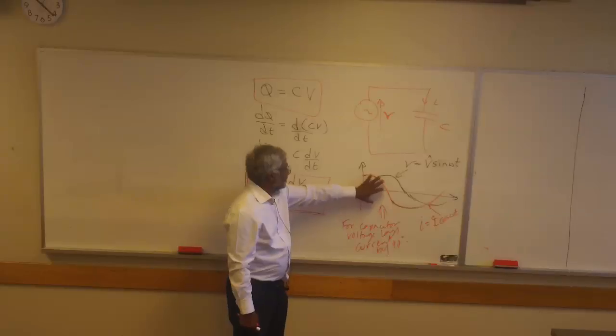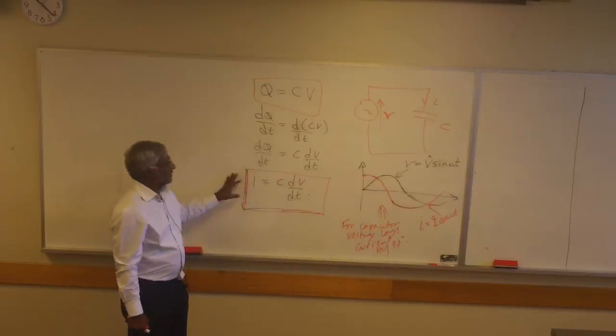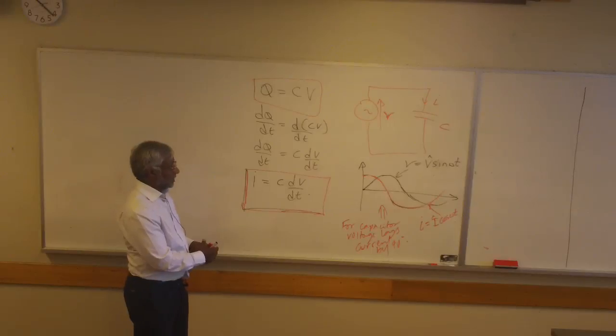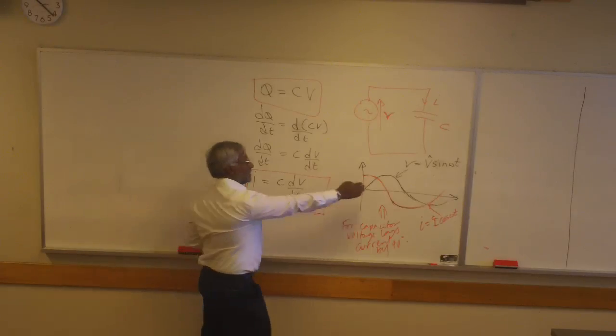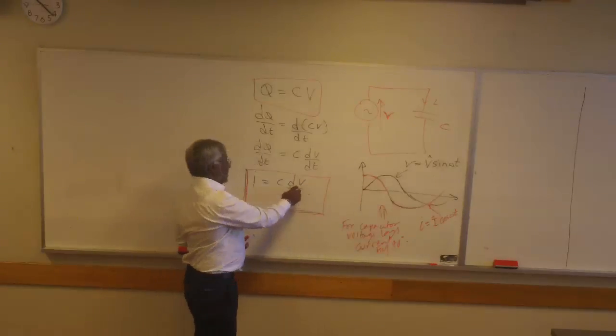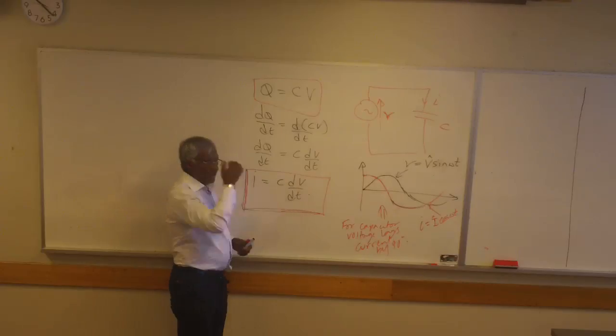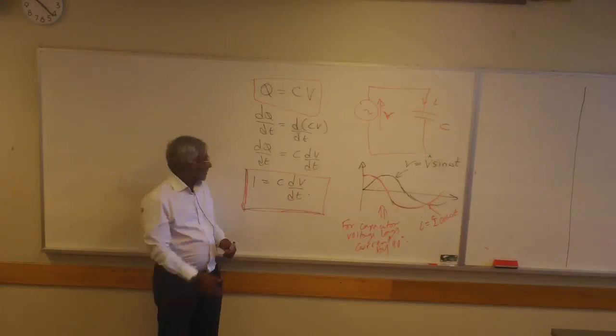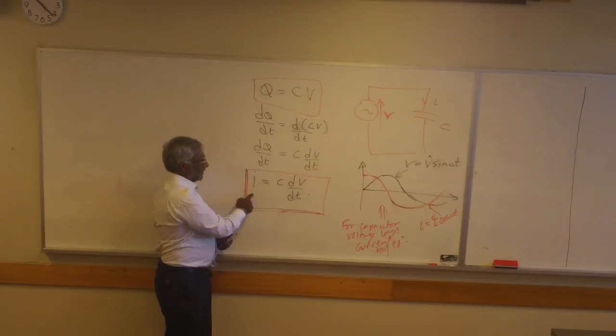And you can see that this matches your first principles, because if the voltage is a sine, which it is here, and if you differentiate a sine, you get a cosine. So here it says differentiate voltage, you will get current.